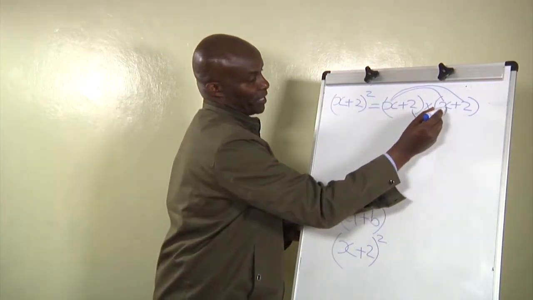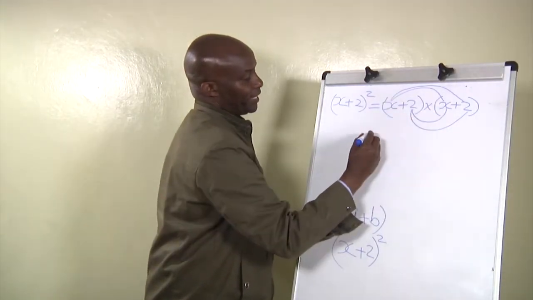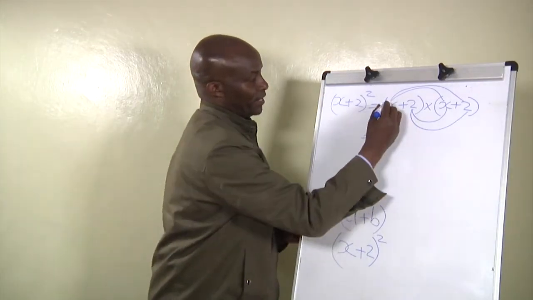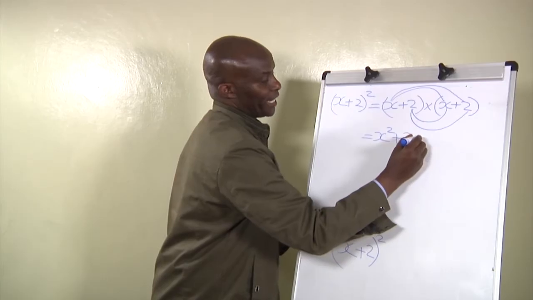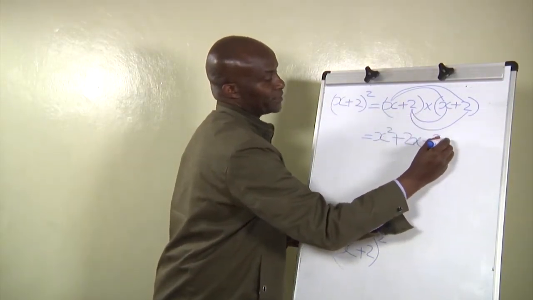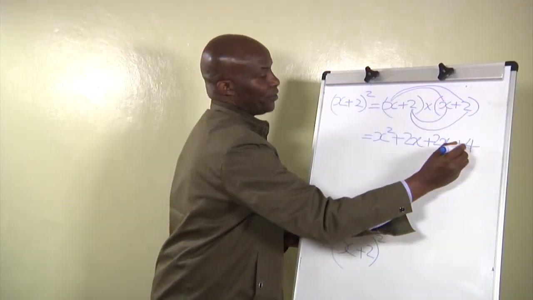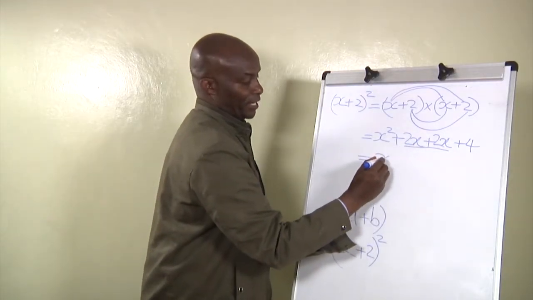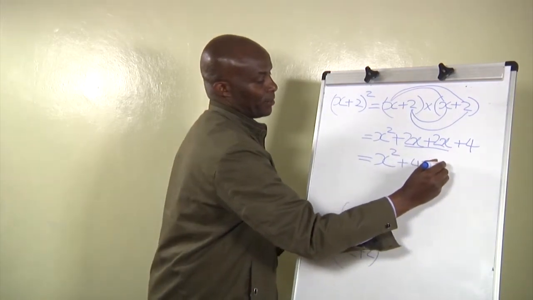Then 2 multiplied by x, then multiply by 2. So x by x gives you x squared. Then x by 2 gives you plus 2x. Then 2 by x plus 2x. And then 2 multiplied by 2 gives you 4. We now combine this so that we have x squared plus 4x plus 4.